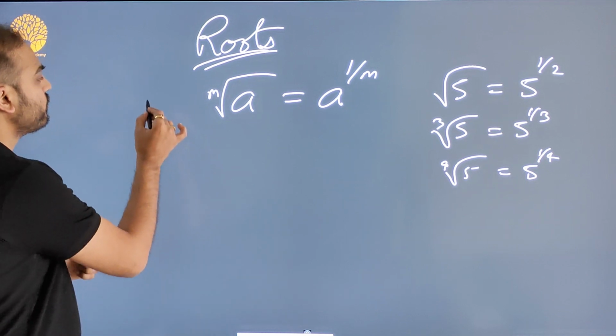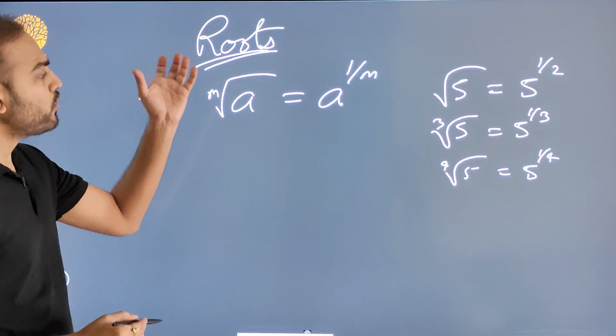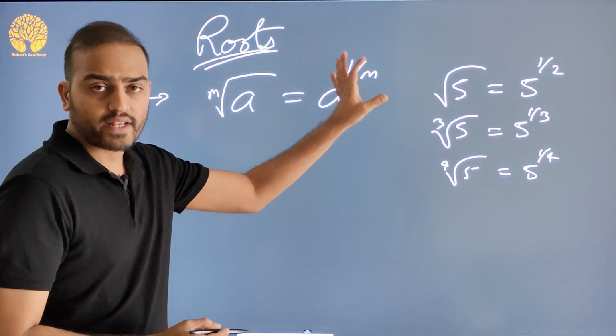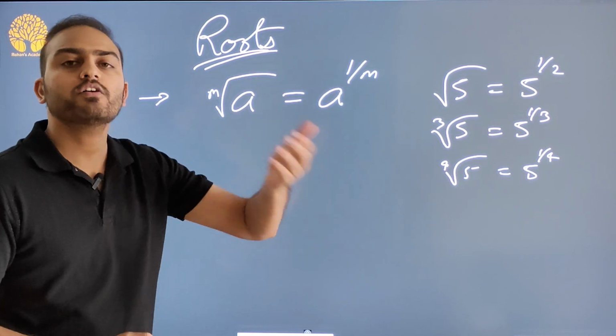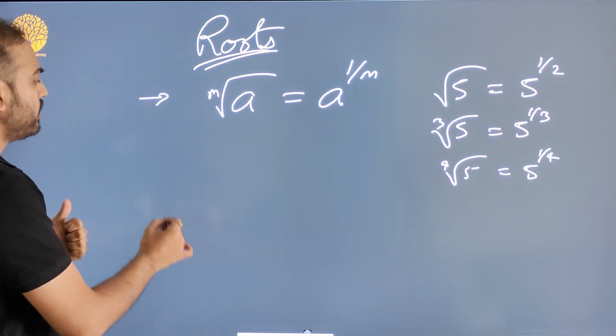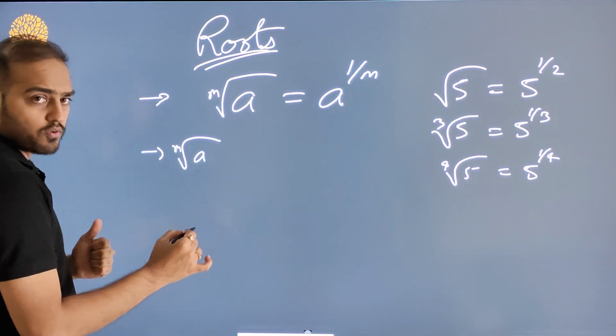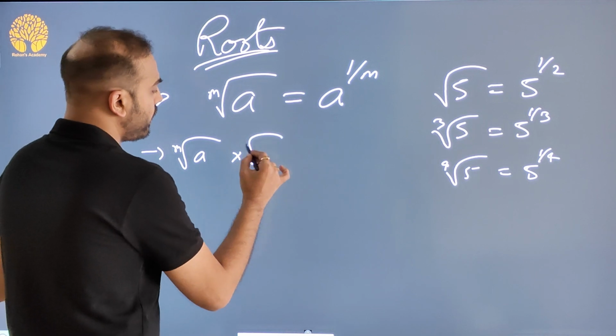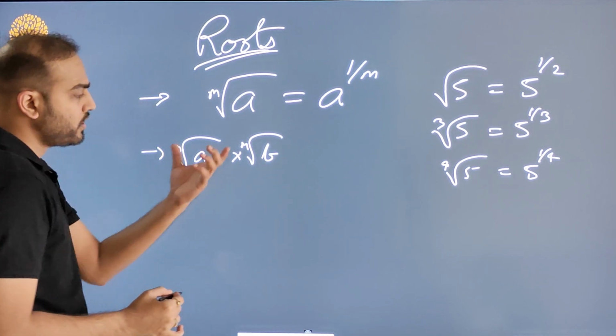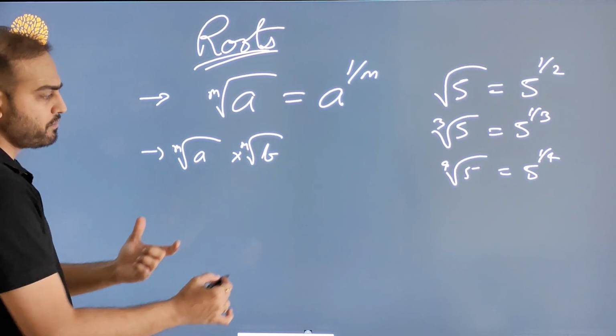Okay, so now if you understand how to convert a root to an exponent, then all the properties of exponents can be applied here, right? Say for example, the mth root of a into the mth root of b. The bases are different but the power is same, right?